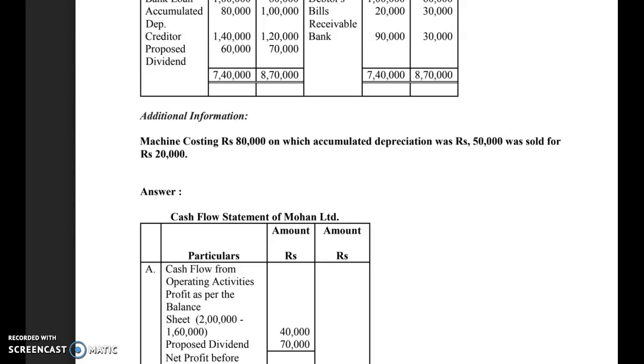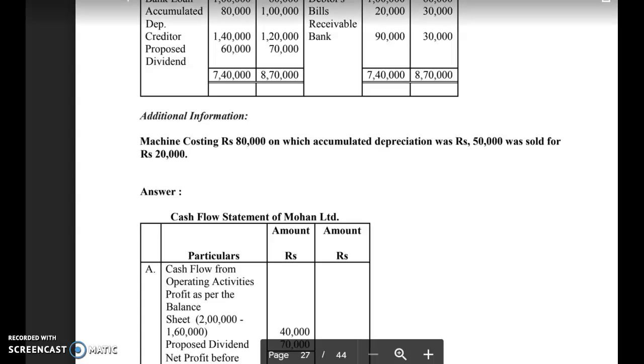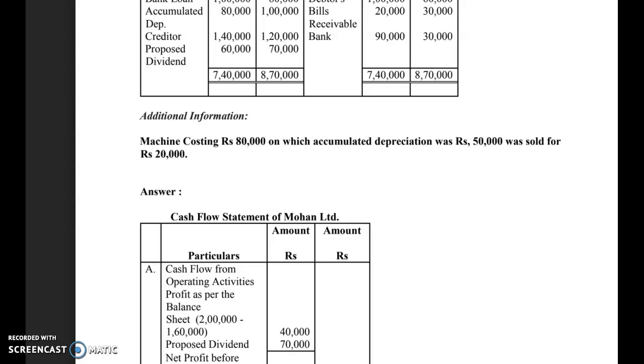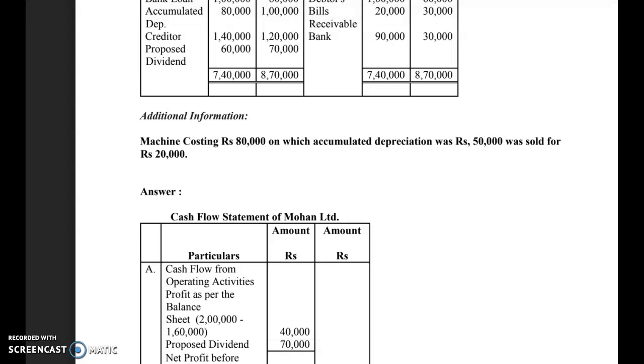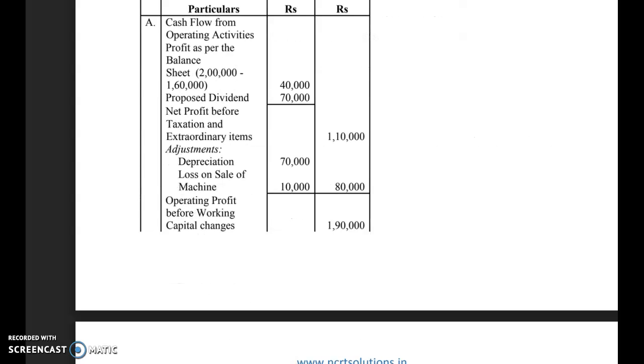So automatically there is a loss of 10,000. So 10,000 is the loss on machinery that is debited here. So here we will get the operating profit before the working capital changes, 1,90,000.